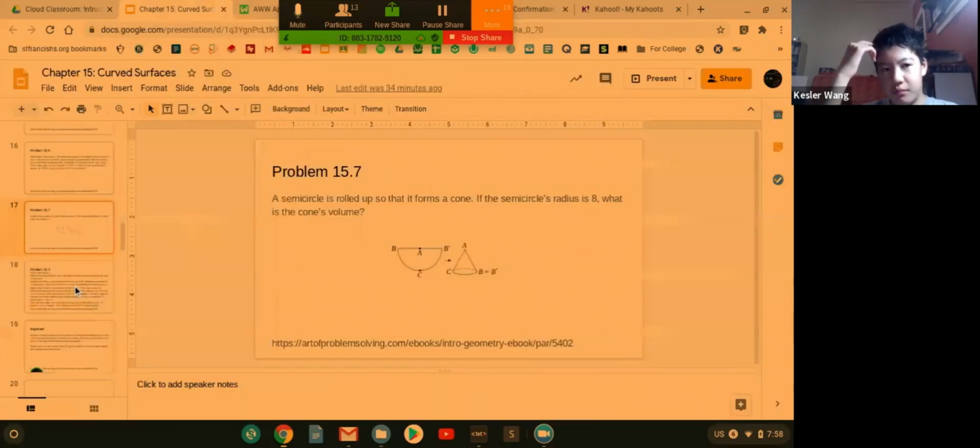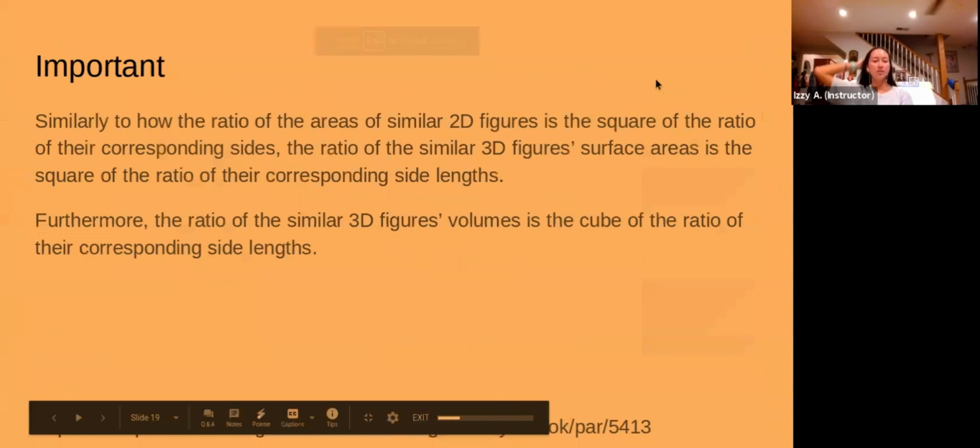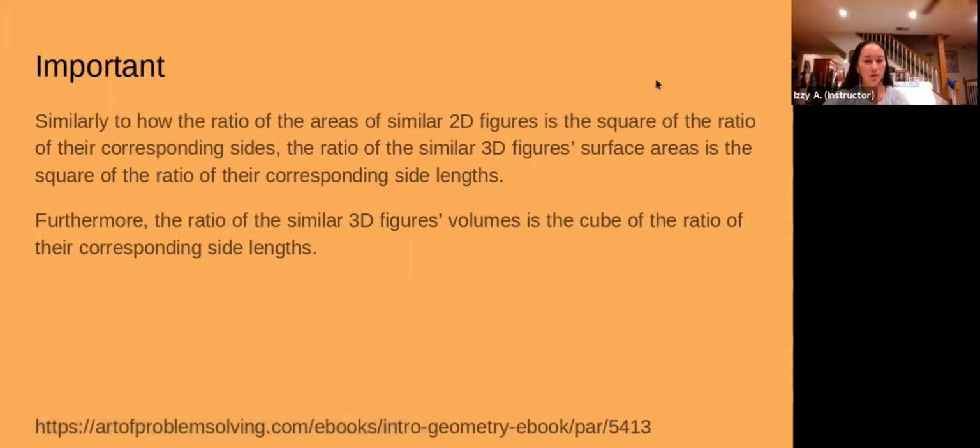Okay. So next we have this slide. Similarly to how the ratio of the areas of similar 2D figures is the square of the ratio of their corresponding sides, the ratio of the similar 3D figure surface areas is the square of the ratio of their corresponding side lengths. Furthermore, the ratio of the similar 3D figures' volumes is the cube of the ratio of their corresponding side lengths.